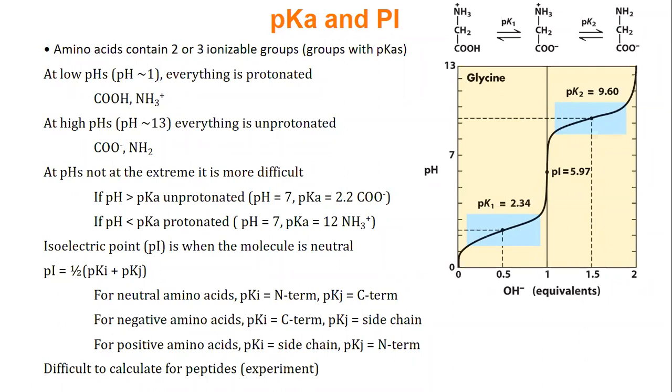Okay, so amino acids are ionizable. That's why they get the name acid, right? You have one part that can act like an acid. Sometimes they have 3 ionizable groups. So every amino acid has an N-terminus and a C-terminus. As we just saw, those are charged. And if you're ionizable, that means you can become charged. Some amino acids have side chains that are charged.